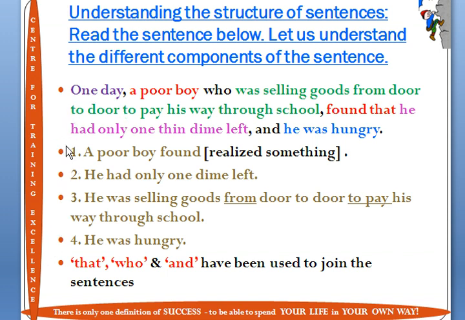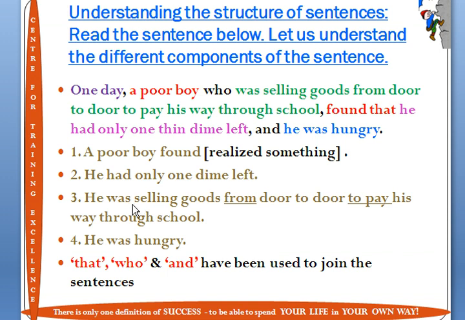Let's read the shorter sentences. A poor boy found. Here found means realize something. He had only 1 dime left. He was selling goods from door to door, your prepositional phrase. To pay his way through school is your infinitive phrase.